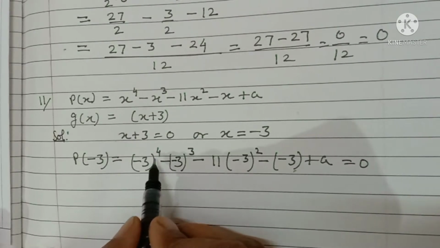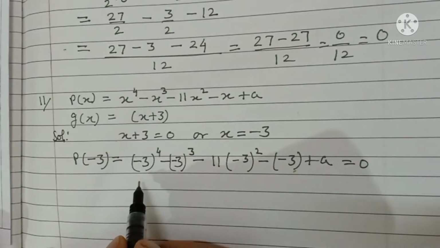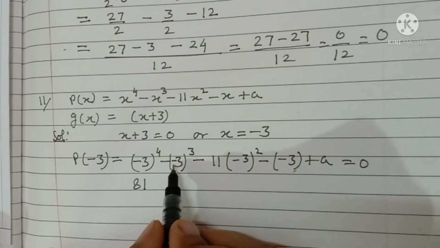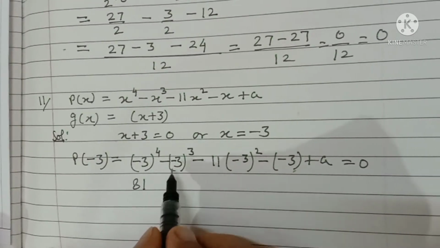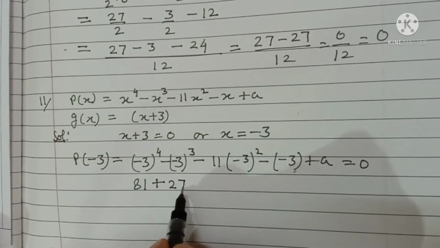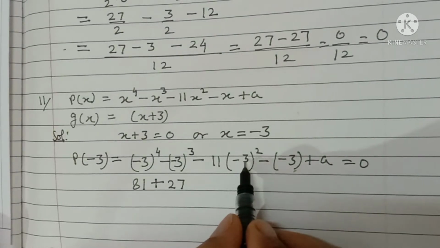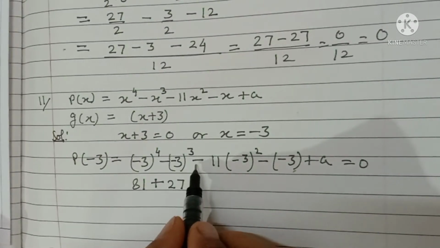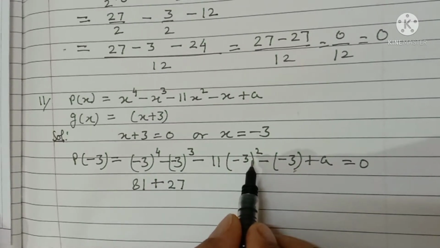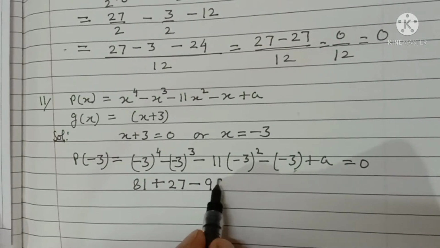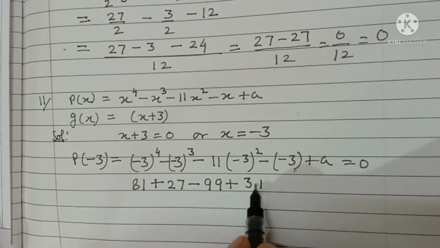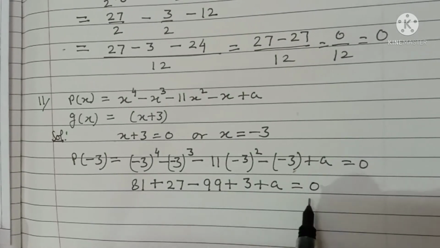Now this is an even power, so it will be positive, so you can write 81, and here 3 threes are 9, 3 nines are 27, minus 27 and minus plus 27. Minus 11 times 9 becomes minus 99, and minus plus 3 plus a is equal to 0.